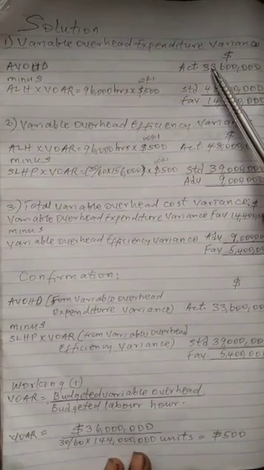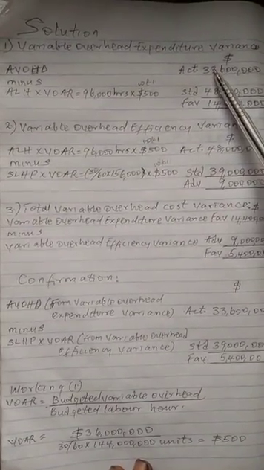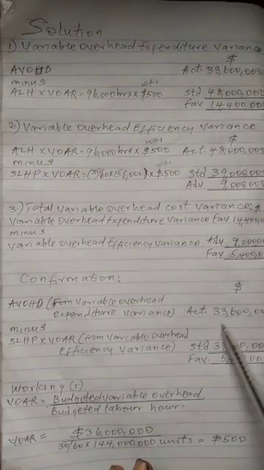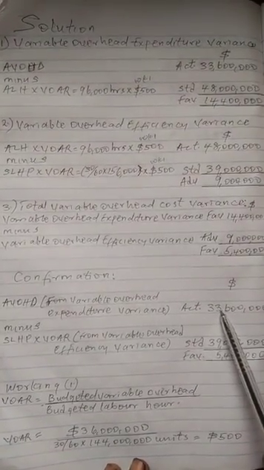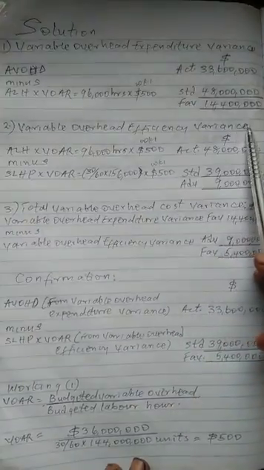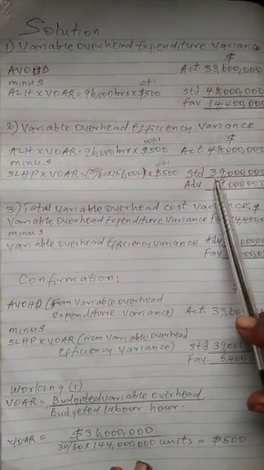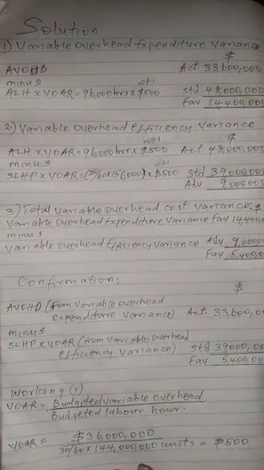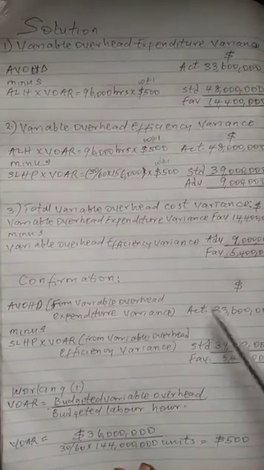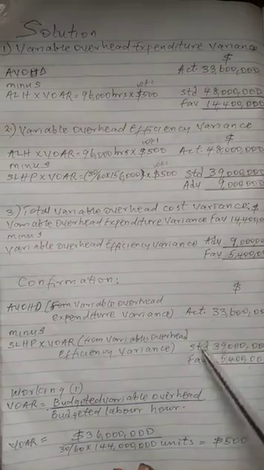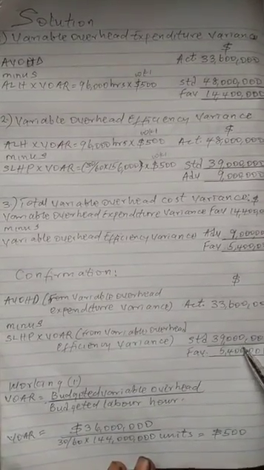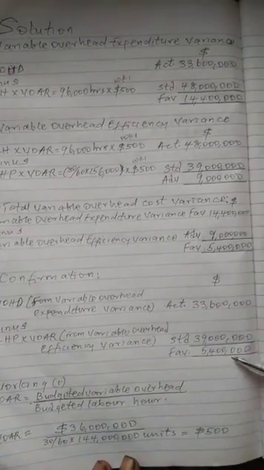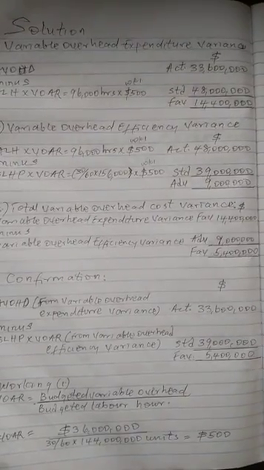You go to the actual aspect of the first formula. This is what you have here. You go to the variable overhead efficiency variance also. Pick the standard. And that's 39 million. So adjust it with each other. Actual, standard. Standard is higher than the actual. You have favorable. 5,400,000.